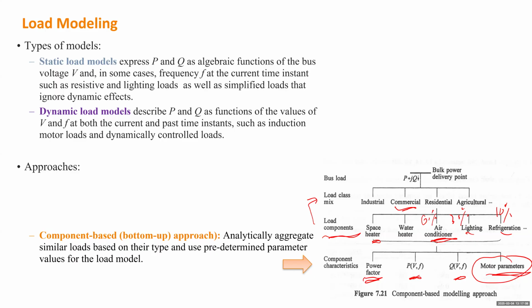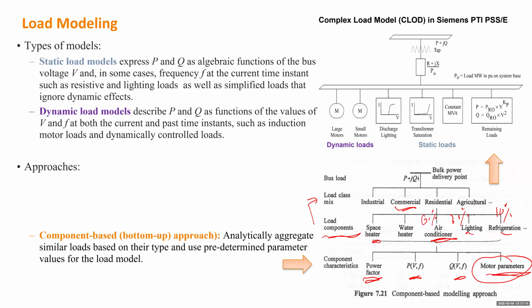The bus load will be the combination of different percentages of different classes. And eventually we can aggregate the bus load into one structure. This can be utilized in software for simulation. For instance, this is the composite load model provided by PTI PSS/E.